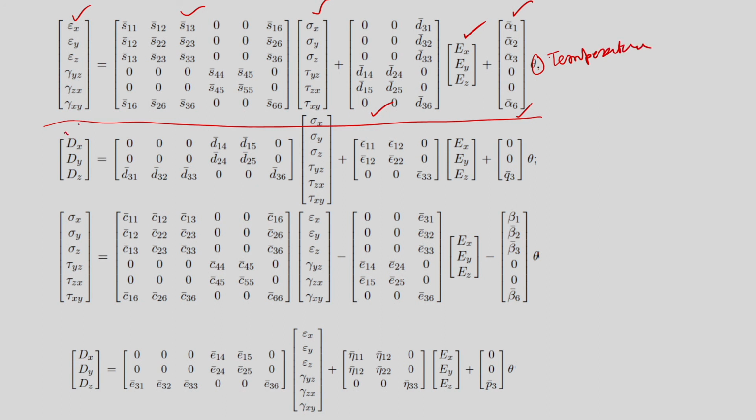Similarly, electrical displacement Dx, Dy, Dz can be expressed with piezoelectric constant and stresses. These are known as relative permittivity or dielectric constants, and the electrical field. Now, this is known as the pyroelectric constant.